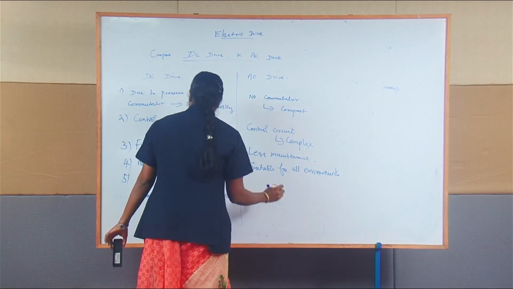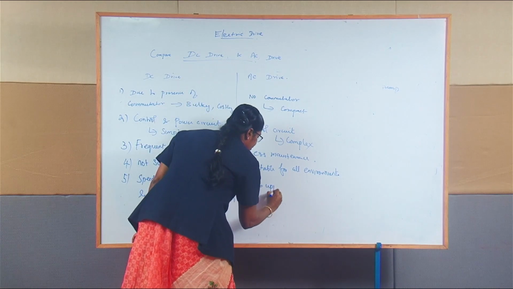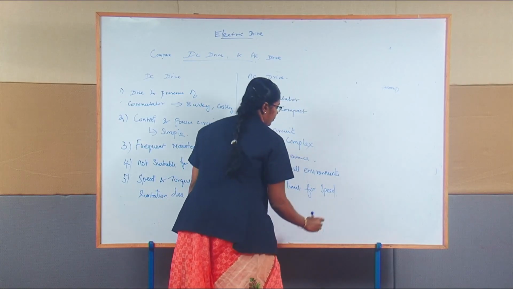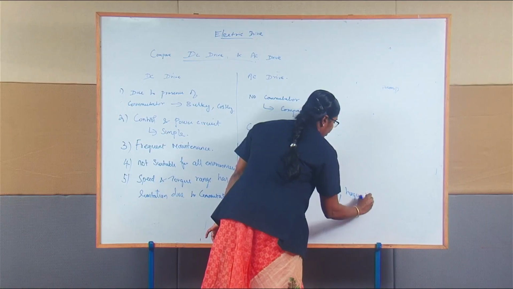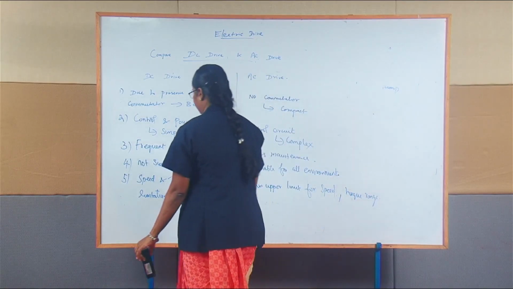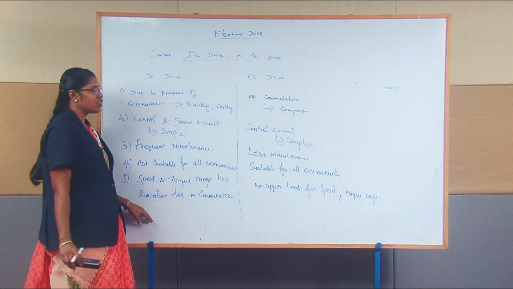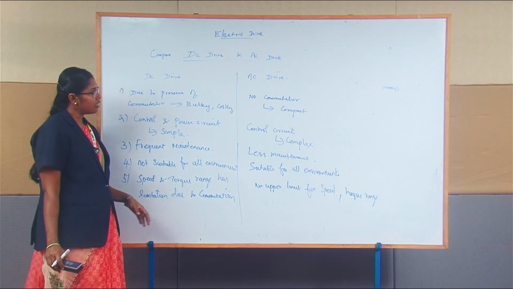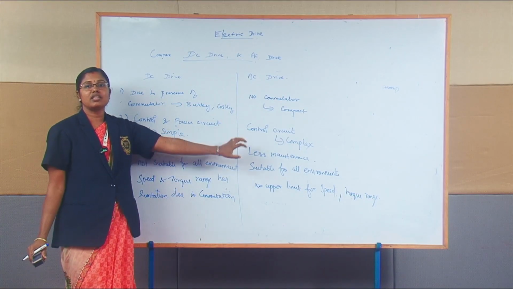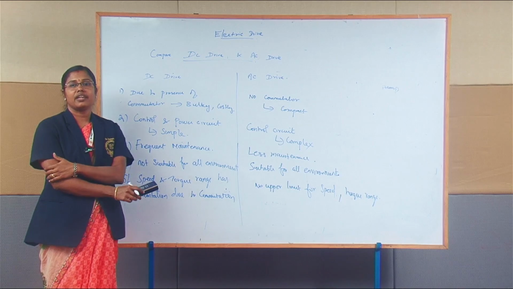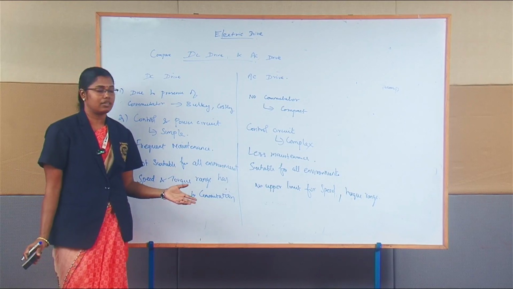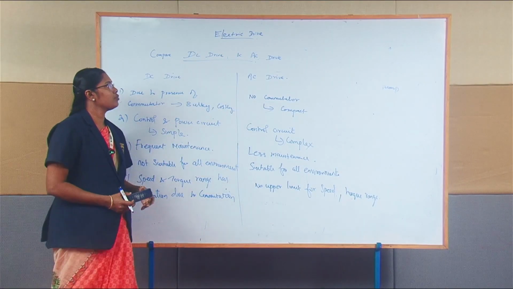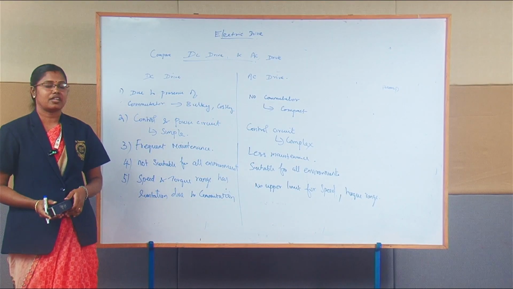Here there is no limitation, no upper limit for speed and torque range. Here a wide range of speed control is possible by using both conventional and solid state drive methods, whereas in AC drives, with the conventional method, there is some limitation in the speed range, whereas by using solid state drive control, the speed limits are larger. Okay, so this is a basic comparison between a DC drive and an AC drive, right?